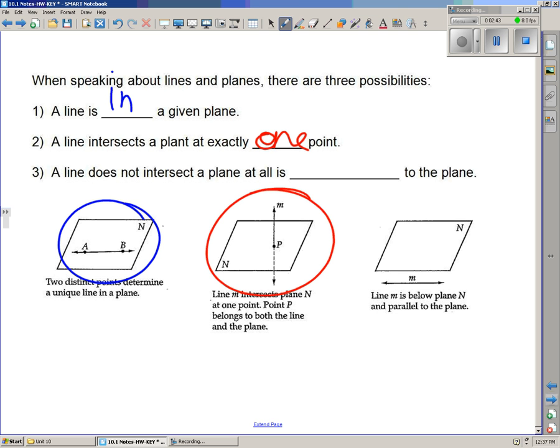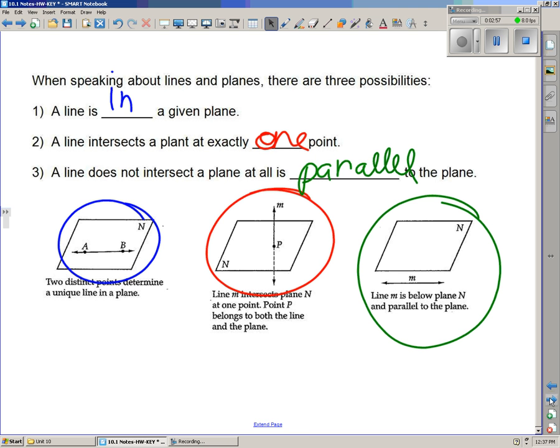So you go through that paper. And it's also possible that a line doesn't intersect the plane at all. If that's the case, it's going to be parallel to that plane. And that's that 3rd example. So lines are either contained in planes, lines go through planes at exactly 1 point, or lines never touch the plane because they're parallel to it.